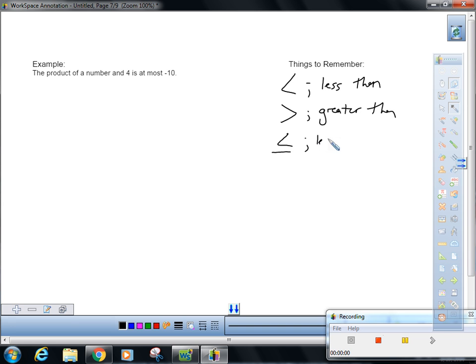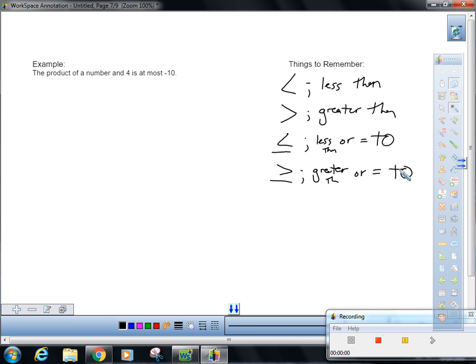That's less than or equal to. And that's greater than or equal to. Okay?